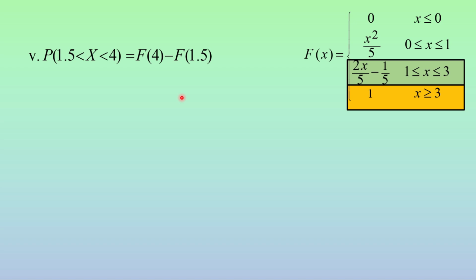Then, by substituting into the function, the probability of x between 1.5 and 4 is equal to 3 over 5.